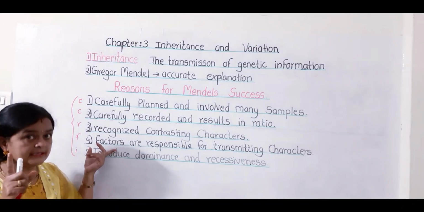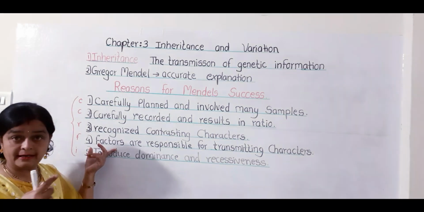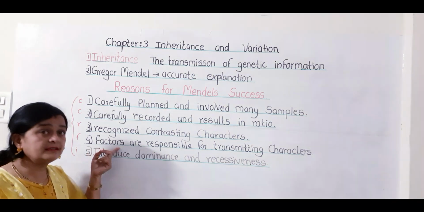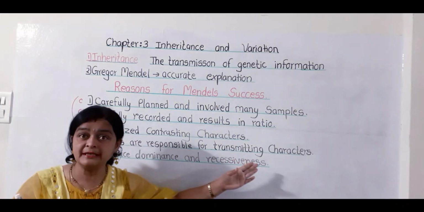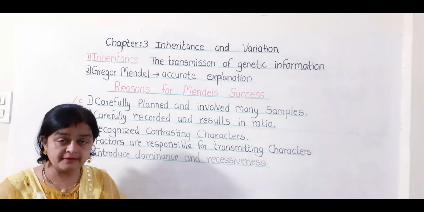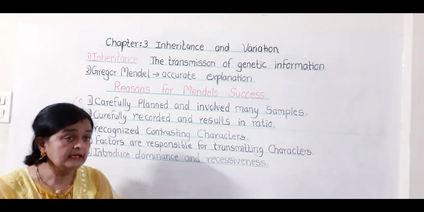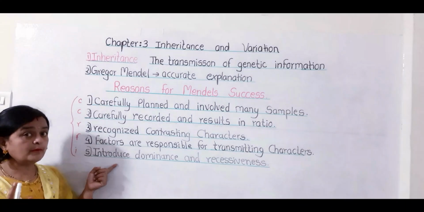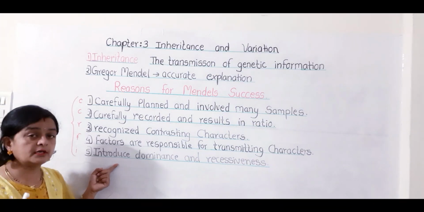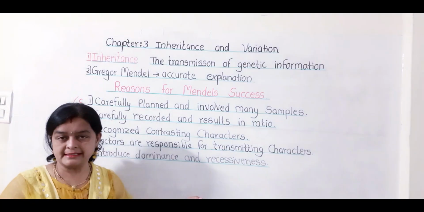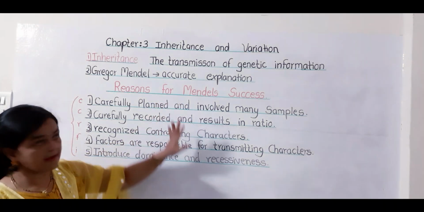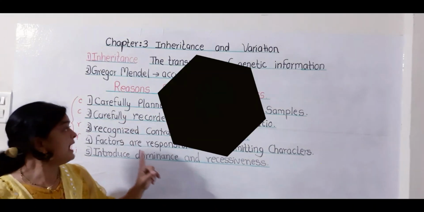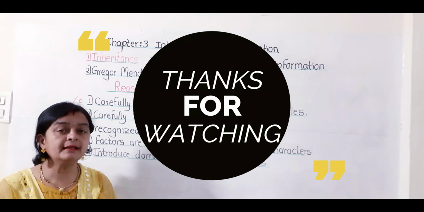He first suggested that factors are responsible for transmitting characters, and nowadays we call those factors genes. And last, Mendel was the first to introduce dominance and recessiveness. So here we have completed inheritance and the reasons why Mendel got success.